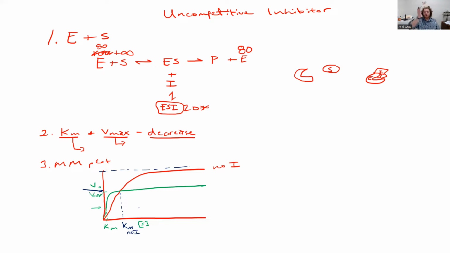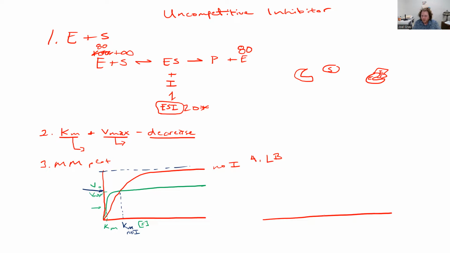We have a steeper incline, but then a sooner plateau because our Vmax has decreased. Now, the next graph that I wanted to show y'all is the graphing of this same data as a double reciprocal plot, a Lineweaver-Burk plot.